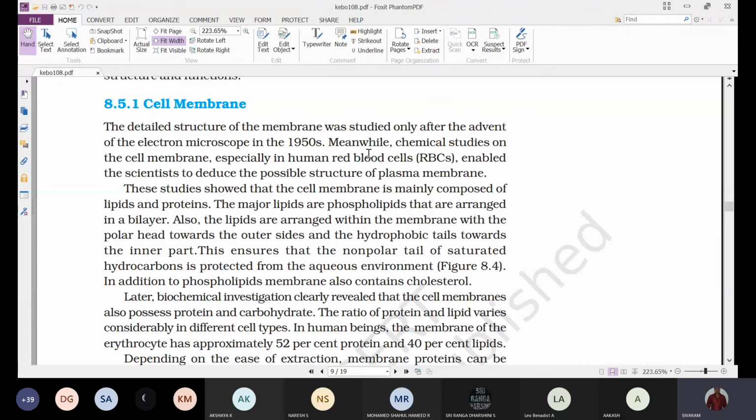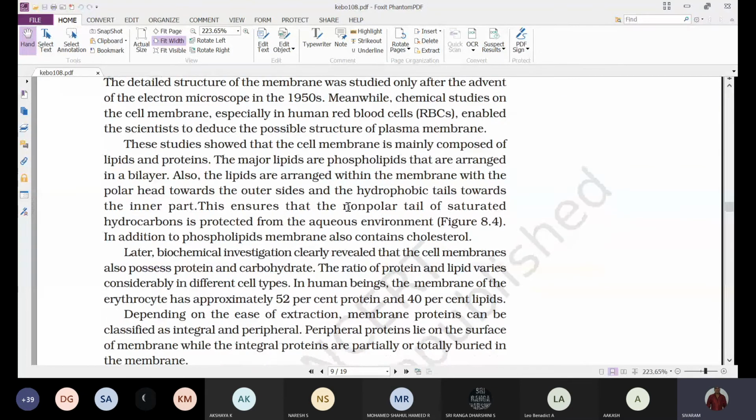So we have known the chemical composition of the plasma membrane, and later we described the detailed structure of the plasma membrane in the 1950s because of the discovery of the electron microscope. And next, these studies showed that cell membrane is mainly composed of lipids and proteins.